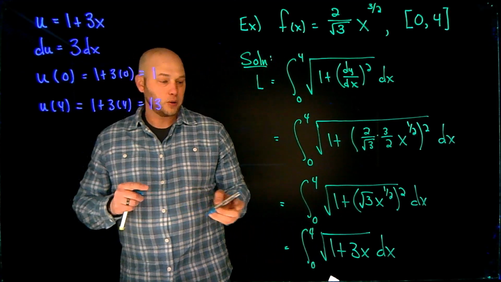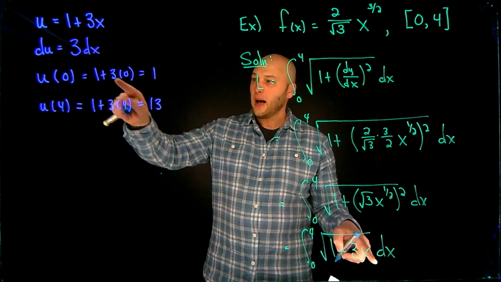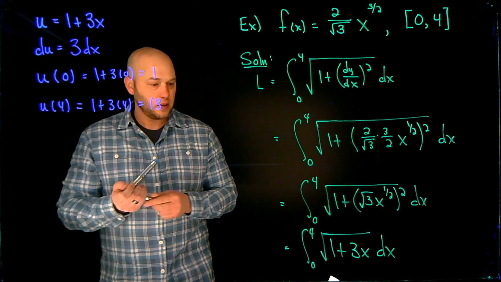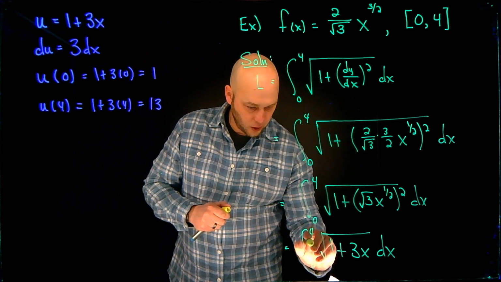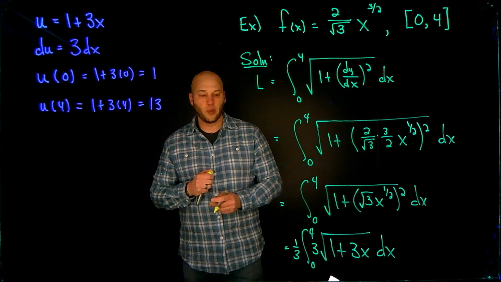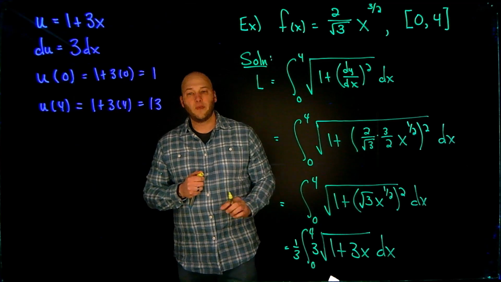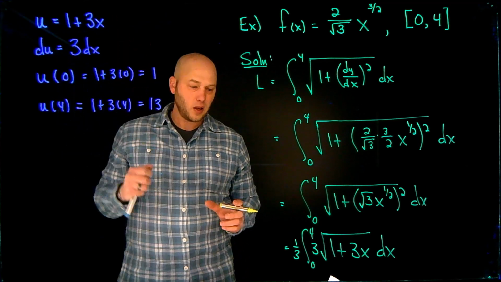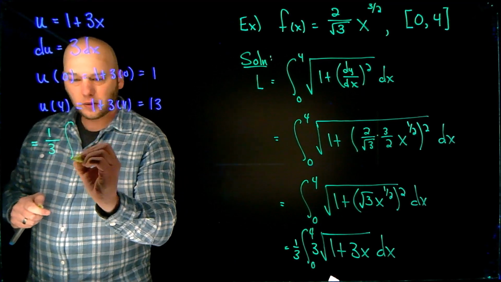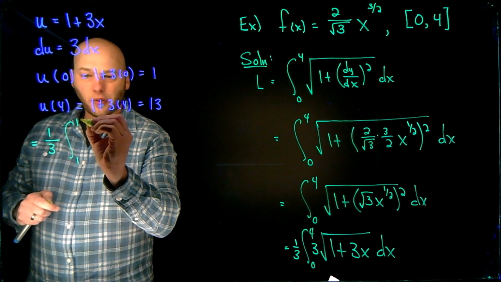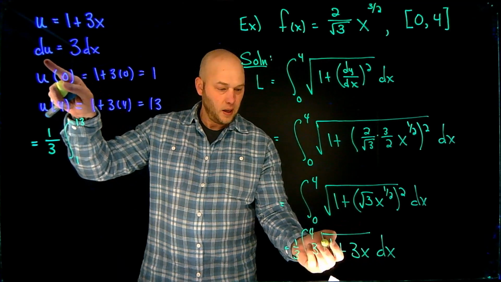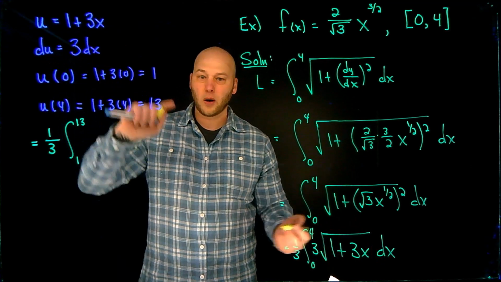Also notice that in order to plug this in, I have a dx, but I don't have a 3 dx. So I can put a factor of 3, and then cancel it by putting a factor of 1/3 out front. Now the integral is in the form for which I can plug all these things in, and I get 1/3 integral from 1 to 13, and 3 dx is my new du, and the square root of 1 plus 3x would be the square root of u.